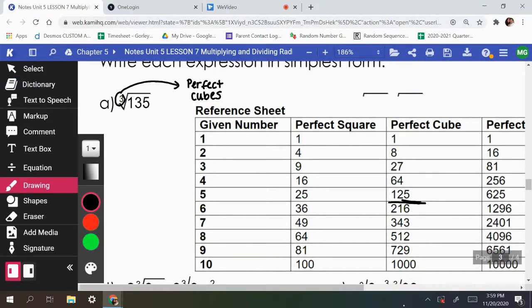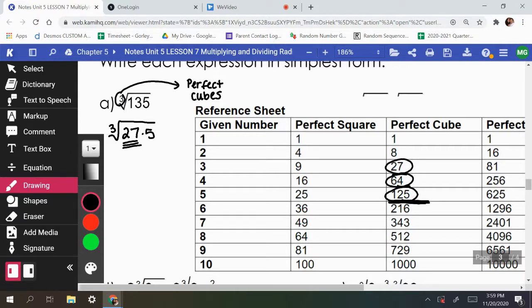It doesn't look like it is. It falls somewhere in between 125 and 216. So what's the largest perfect cube that 135 would be divisible by? 125 doesn't work. 64 doesn't work. 27, I think, does work. This can be broken down into the cube root of 27 times 5, where 27 is the perfect cube.